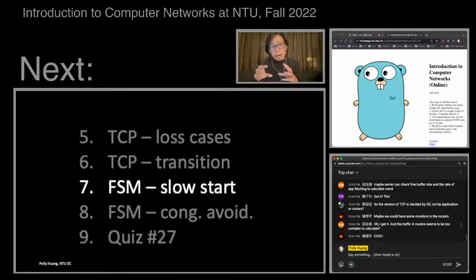So a router can monitor how many flows or how many connections are passing, and what is the remaining buffer space, okay? And so the router can then try to calculate the rate for each of the flows, and then inform the source, the sender, the source end of the connection. So the source end of the connection can set the congestion window size according to the calculated result.